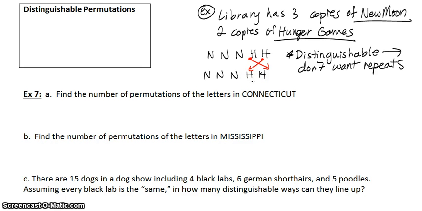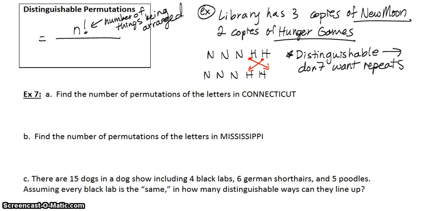So my formula for distinguishable permutations is a little bit different here. We're still going to have on top n factorial, the number of letters or things being arranged. So that's still the same as before, or the number of items in the large group, I could also say. But here's what's going to happen. On bottom, we're going to divide off the things that repeated themselves.